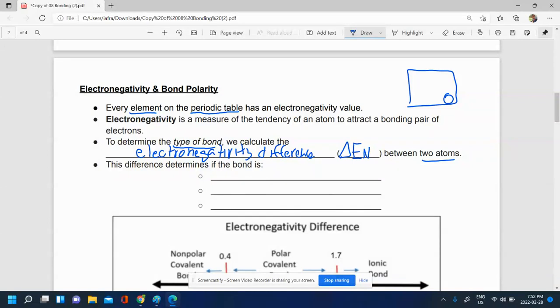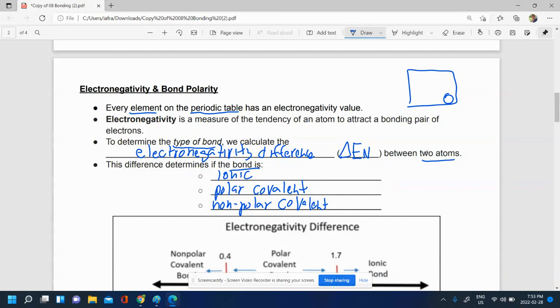When you do that, there's three results you can get. You can get that your bond is ionic. You can get that your bond is polar covalent. And you can get that your bond is non-polar covalent.